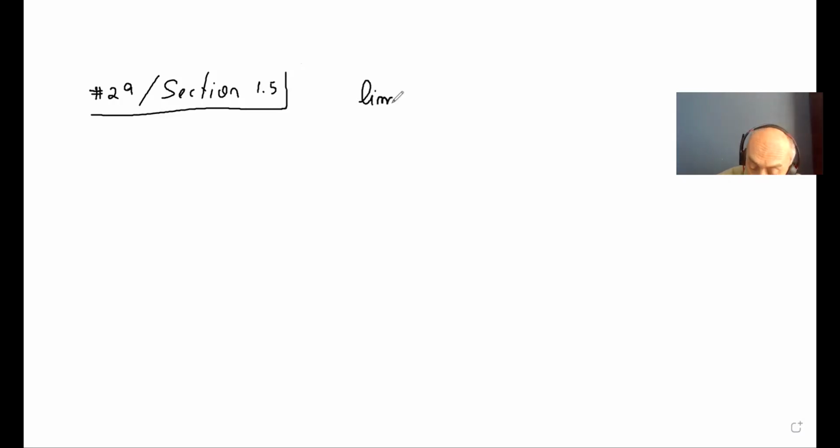It says here, the limit as x goes to 5 plus of x plus 1 divided by x minus 5. So we're going to calculate this limit. Here are some things to notice. 5 plus means x can only be greater than 5, but it's going down to 5.